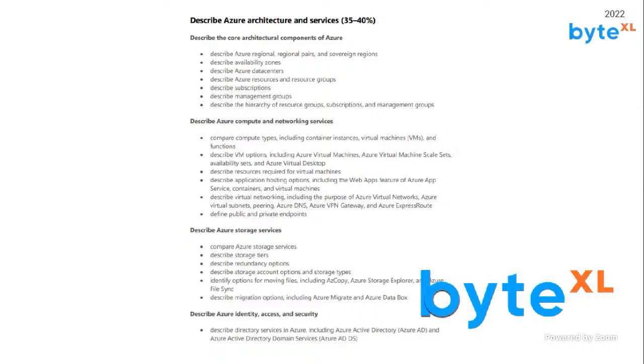And then we are going to understand the Azure compute and network services. In the compute and network services, we are going to understand virtual machine options, including scale sets, availability sets, and virtual desktops. These are very interesting concepts.